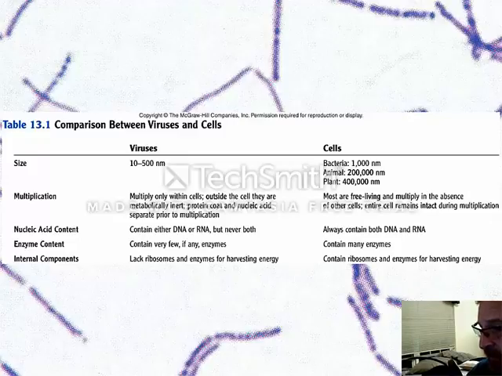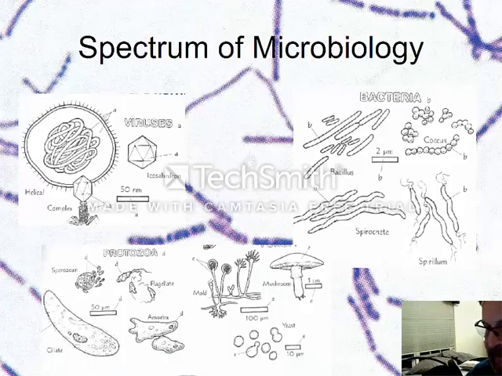Cells have a number, including ribosomes, and since they have the ribosomes and they can generate their own energy, okay, the cells can be alive, whereas the viruses are said to not be alive because they don't have any ribosomes, they can't make their own protein, they have no enzymes for harvesting energy, and so they have to take over some cell type to be able to do the energy things.